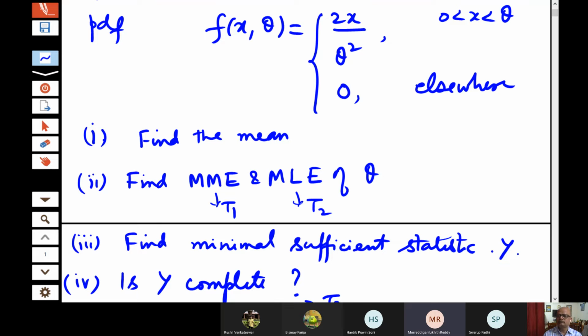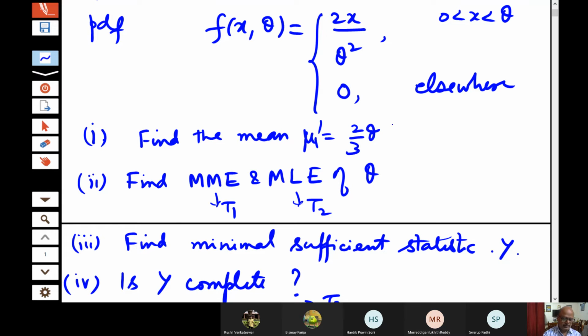What is the mean here? 2 theta by 3, that is the mean. So mu1 prime is 2 by 3 theta.